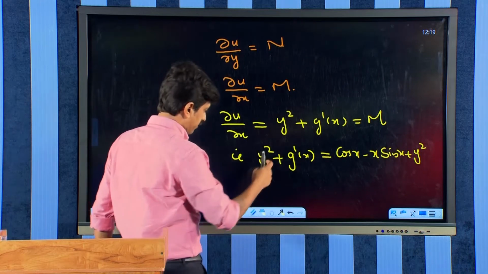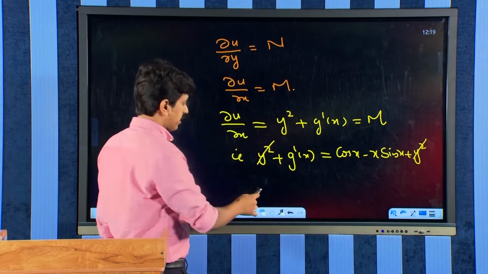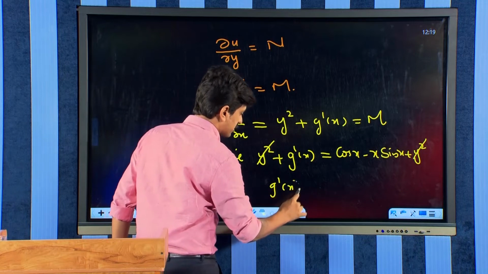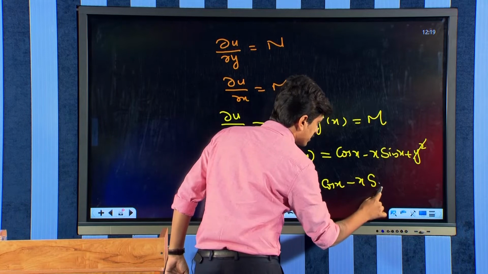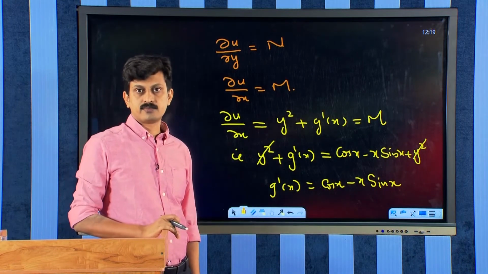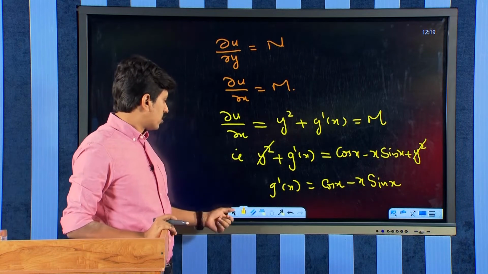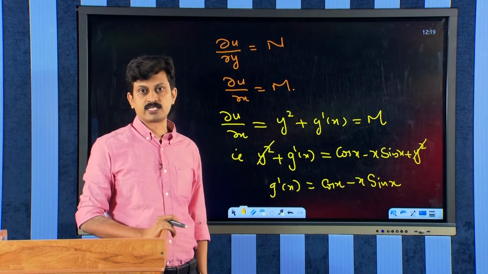We can cancel y² and y². Finally, we will have g dash of x is equal to cos x minus x sin x.